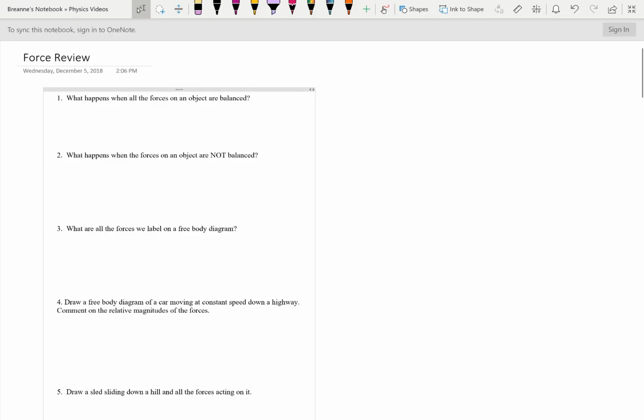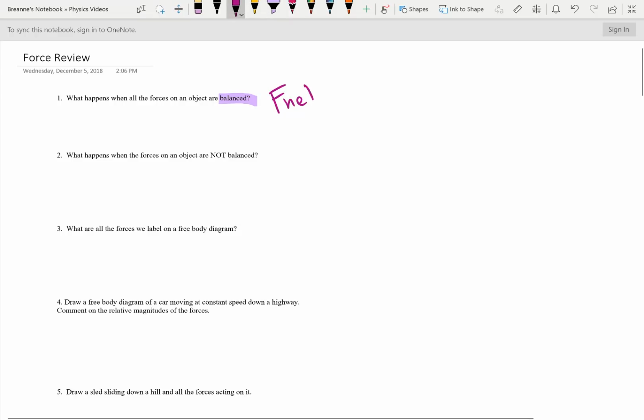So question number 1. What happens when all the forces on an object are balanced? When you see the word balanced, there's a couple of things that should pop into your head. The net force equals 0, and acceleration equals 0. Since net force is 0, your acceleration is 0. If your acceleration is 0, two things can happen.